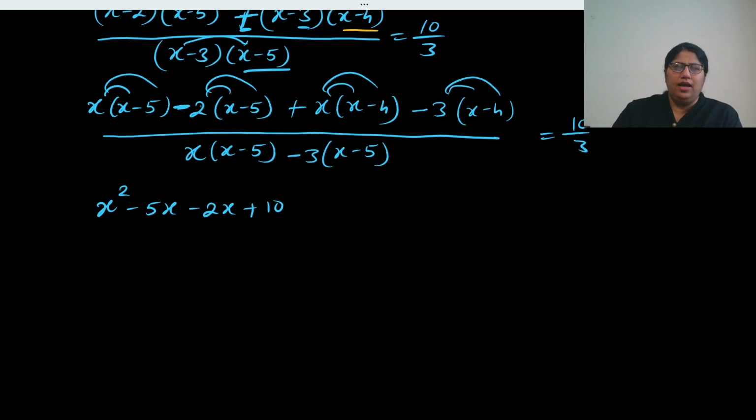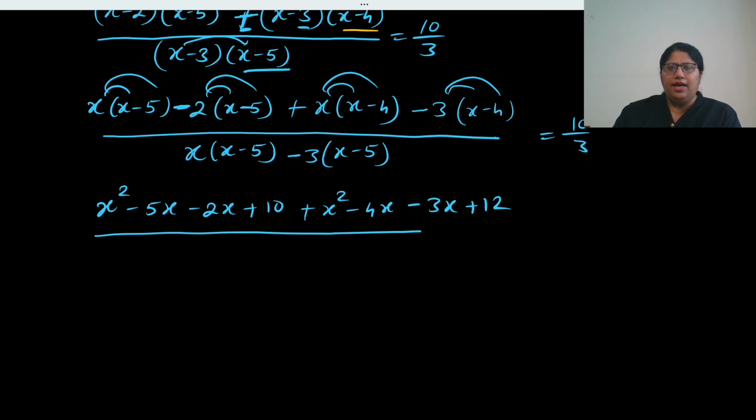See, the negative of negative will become positive, right? Then after that, plus x square minus 4x minus 3x plus 12 will be there, and the denominator will become x square minus 5x minus 3x plus 15 equals 10 by 3.